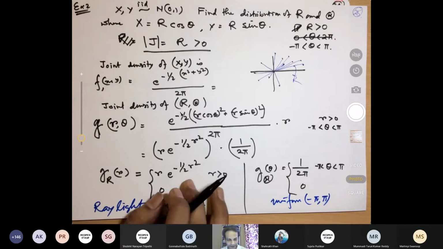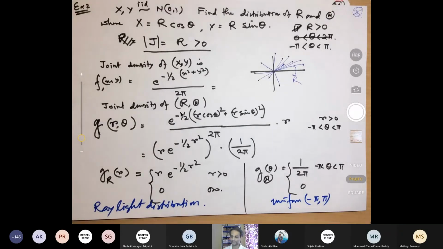This is the thing that you have got. But from the scratch definition, can you please tell me what is the distribution of r square? We are trying to build the connection.